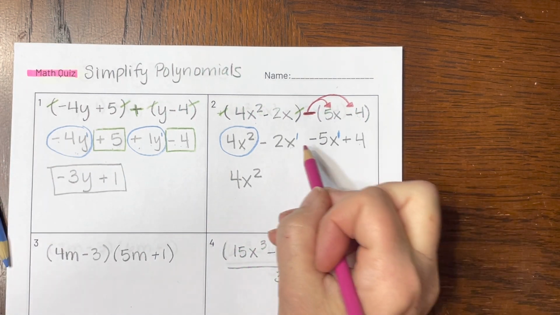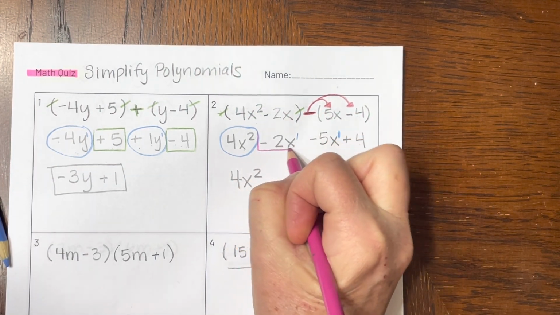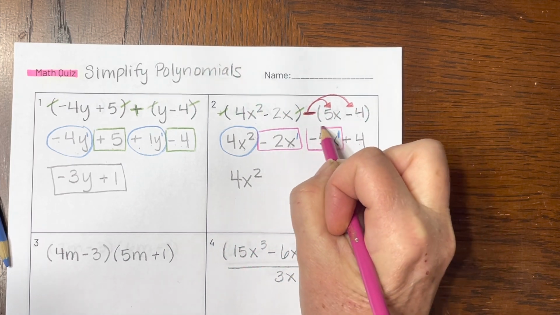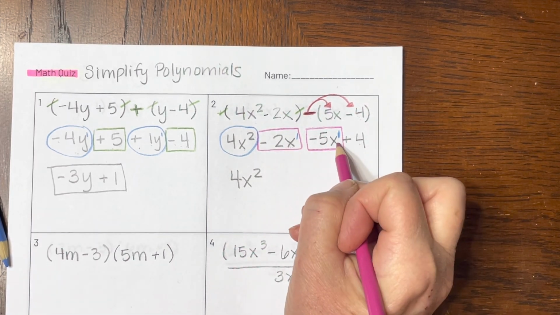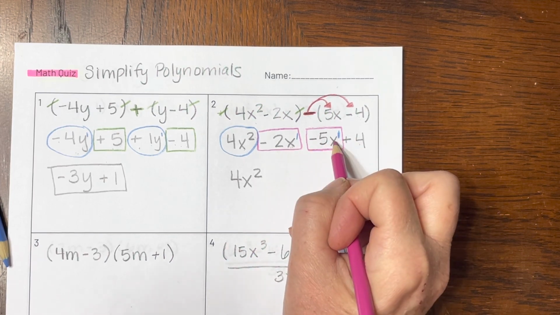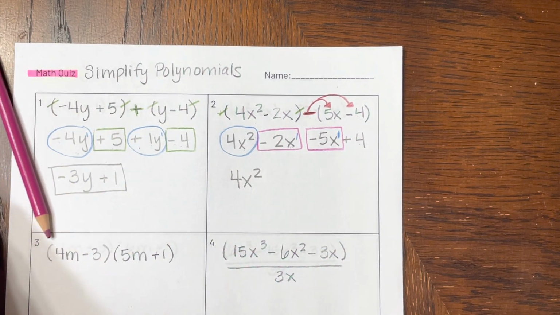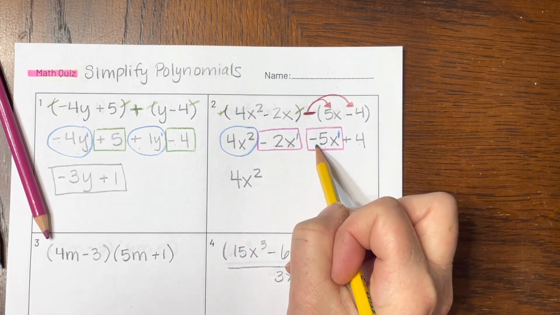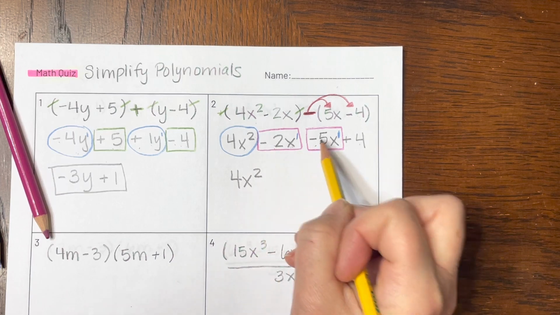Okay, now we've got our x's to the exponent of 1. Notice that these do have the same variable with the same exponent, so now I can put them together. I have a -2 and a -5. Since they are the same sign, I now add and keep the sign.